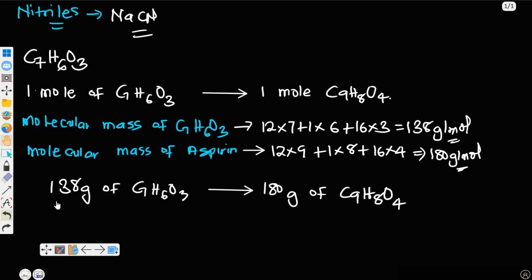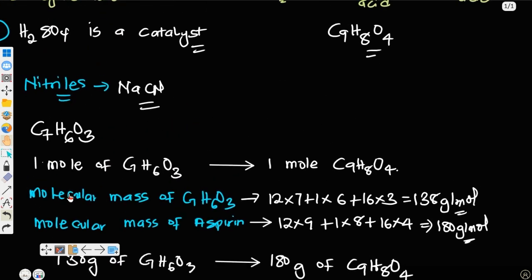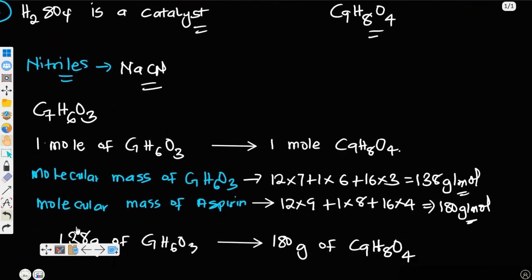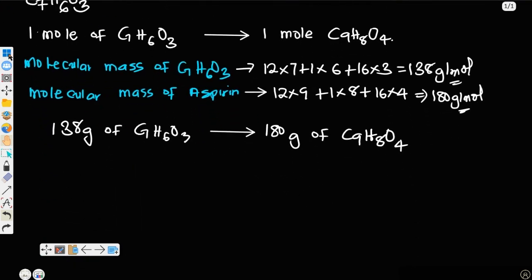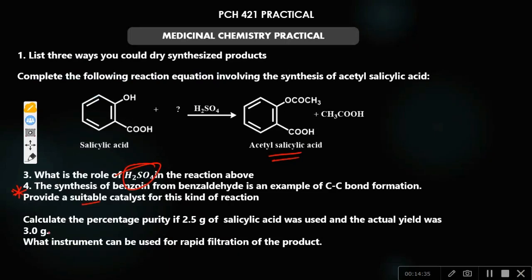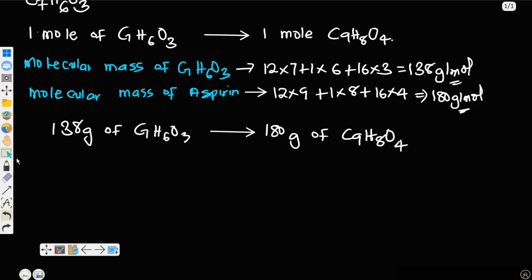Therefore, what was the mass of salicylic acid given in the question? I think 2.5. It was given in the question. Look at it. 2.5 gram of salicylic acid reacted. So you are now going to say if 138 gram of this gives this, therefore 2.5 gram of this will be equals to X.